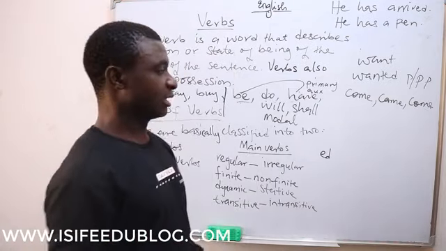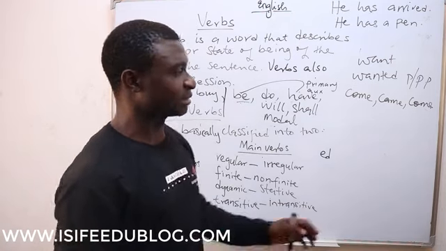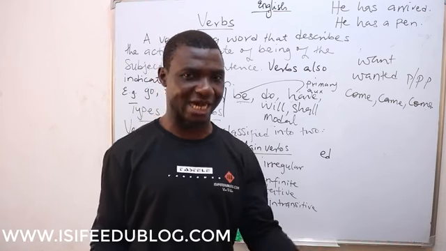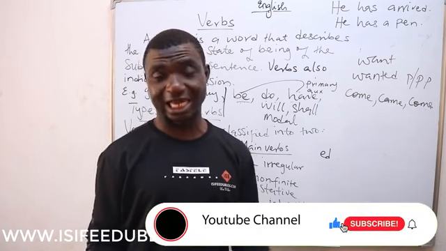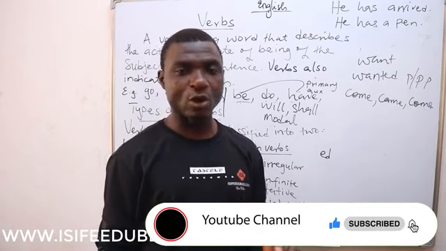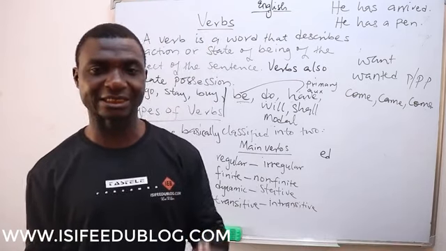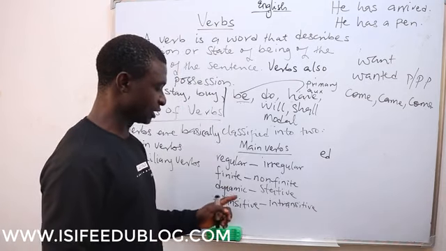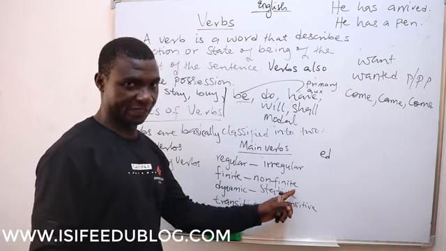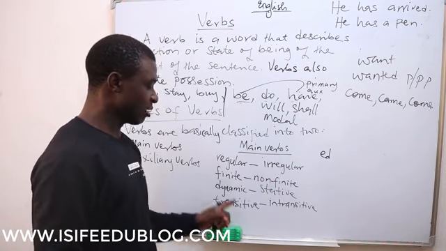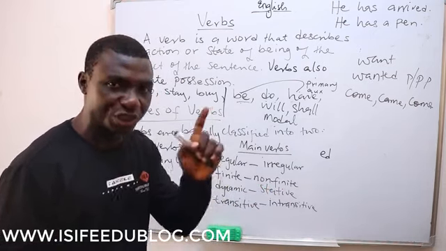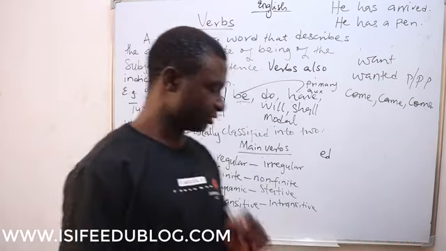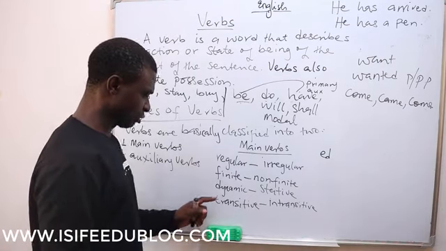I agree, but you have to realize that sometimes a verb may be working as something else. A verb may be working as a noun. A verb may also be working as an adjective. So when a verb is working as a noun or as an adjective, we call it a non-finite verb. But when a verb is actually doing the work of a verb in a sentence, it is called a finite verb. Not to worry, all of this shall come your way.